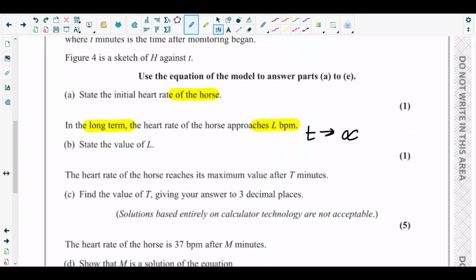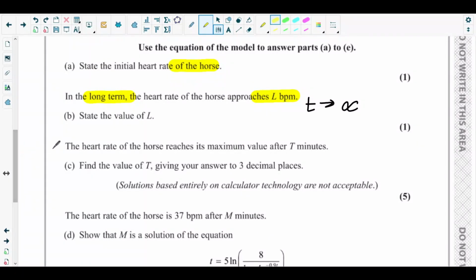Next is part C. Part C says the heart rate of the horse reaches its maximum value after T minutes, capital T minutes. It asks to find the value of T, giving the answer to 3 decimal places.